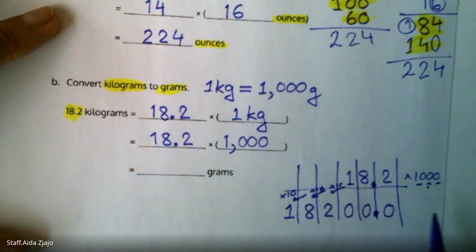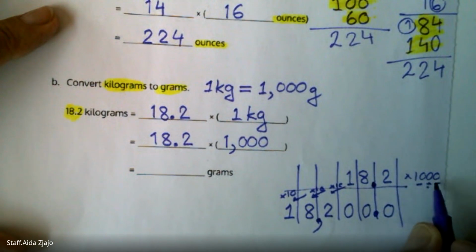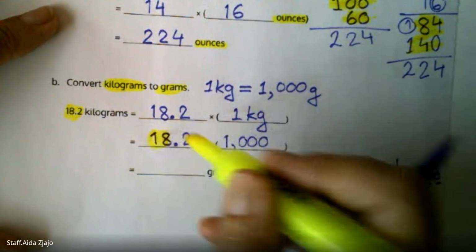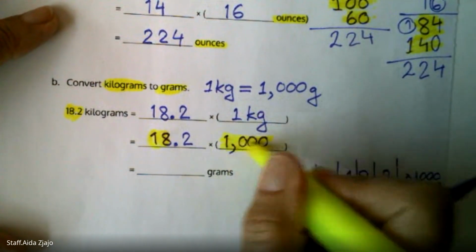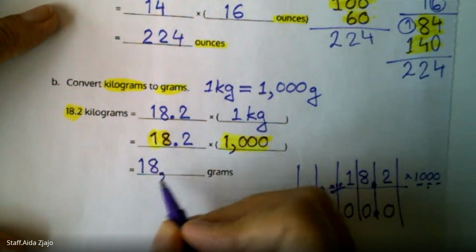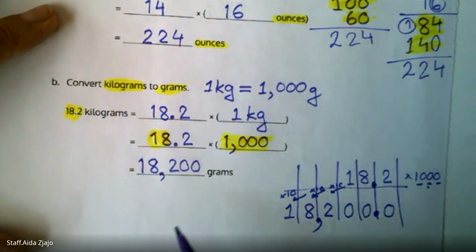So now you can see that if you have 18.2 or 18 and 2/10, when you multiply by 1,000, you get 18,200. You can also help yourself by knowing that 18 times 1,000 is 18,000. And then 200 are extra of the next 1,000.